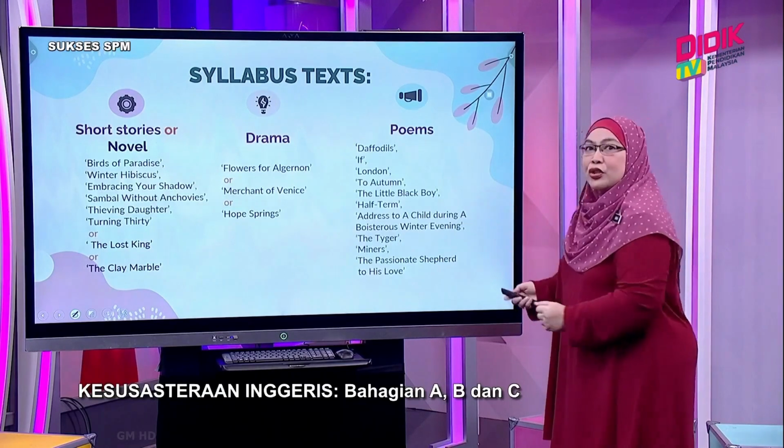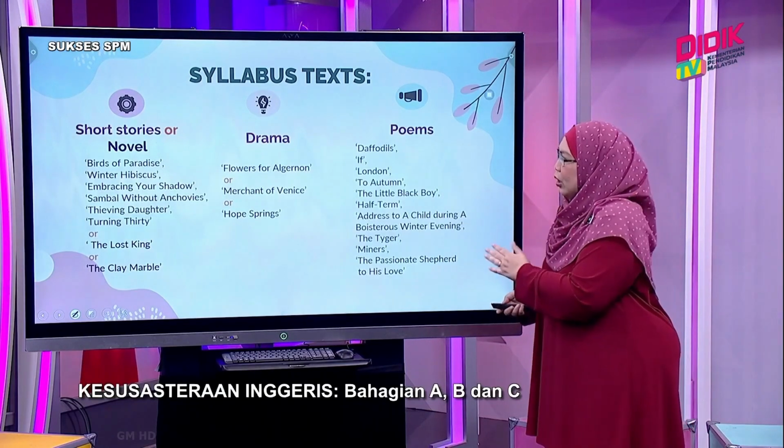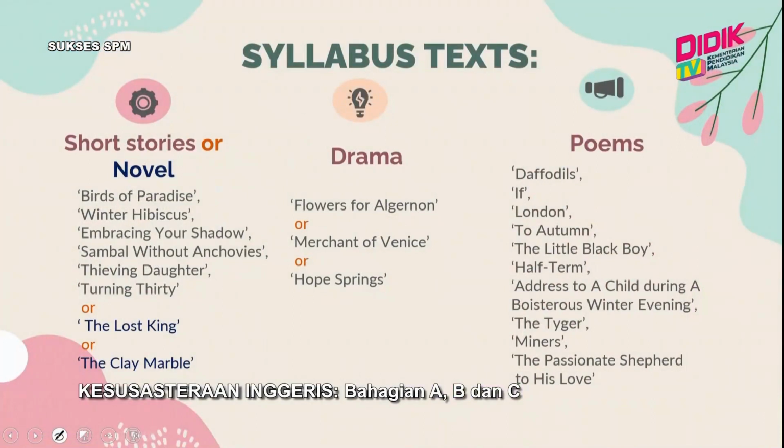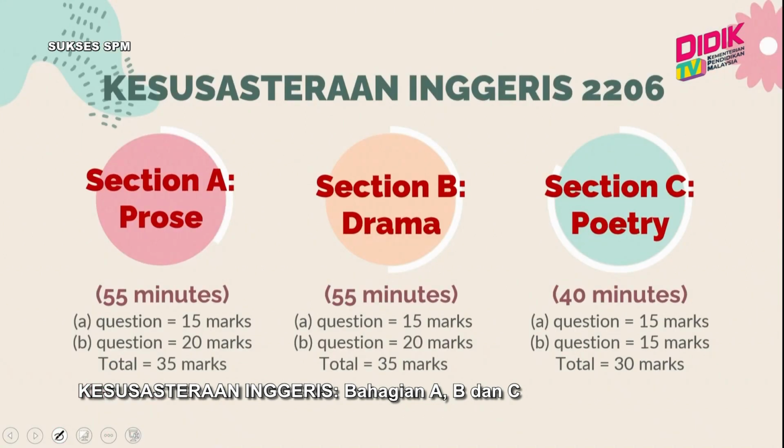Whether to do the 6 short stories, whether to do The Lost King or The Clay Marble, whether to do Flowers for Algernon, Merchant of Venice, or Hope Springs. I'm sure candidates are going to smile when they see these titles that they have prepared for.